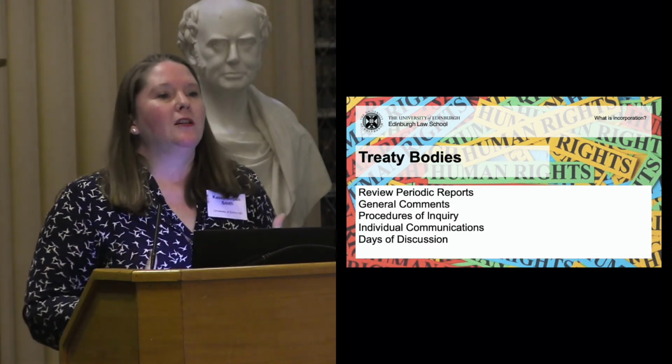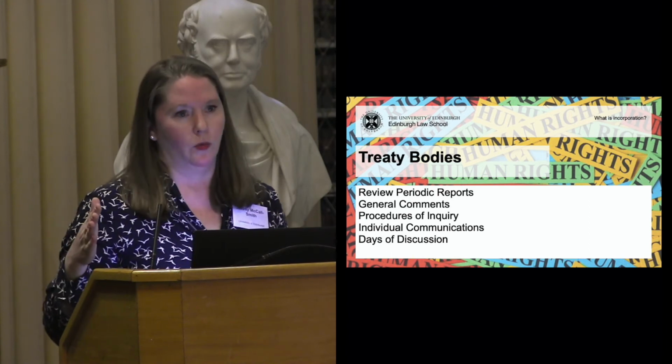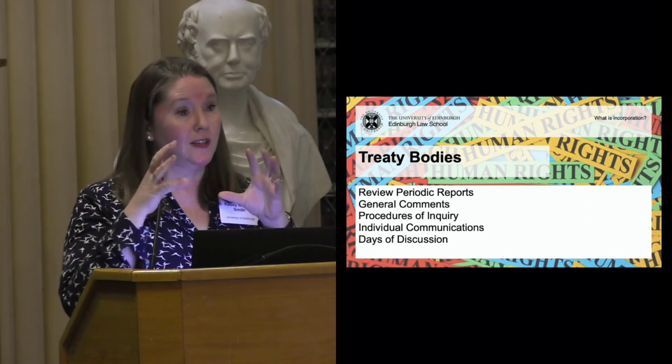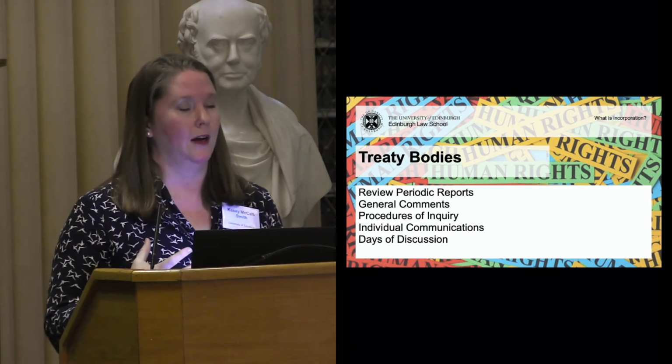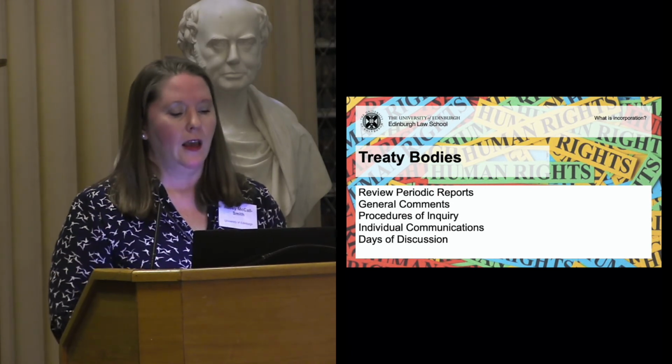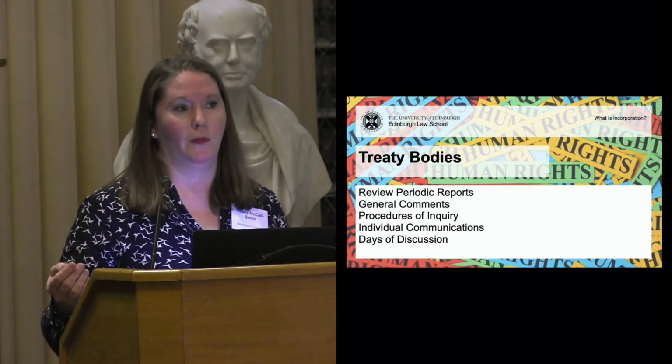So the way we determine and understand how these rights are being implemented across the world, and to establish how they should be implemented in our own country, so in Scotland, is by looking at the information that's produced by the treaty bodies.